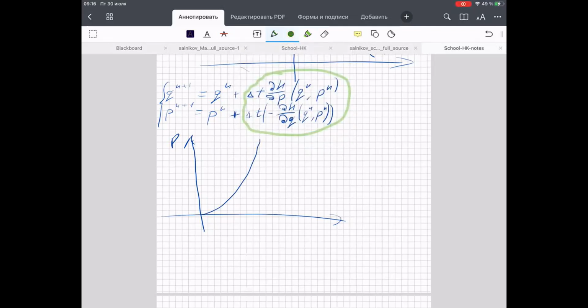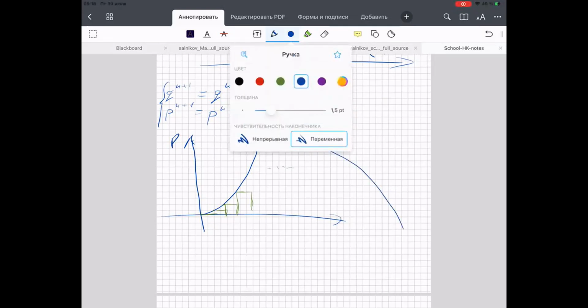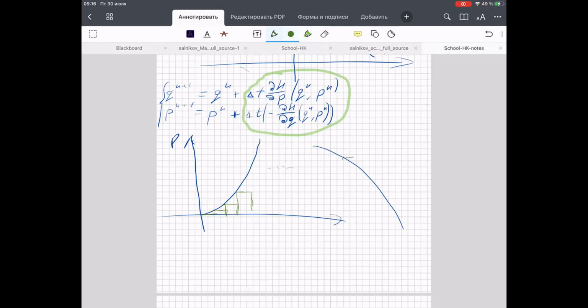So when I'm doing this approximation, I will be underestimating that all the time. Or there will be another part of the trajectory where I will be overestimating it all the time.